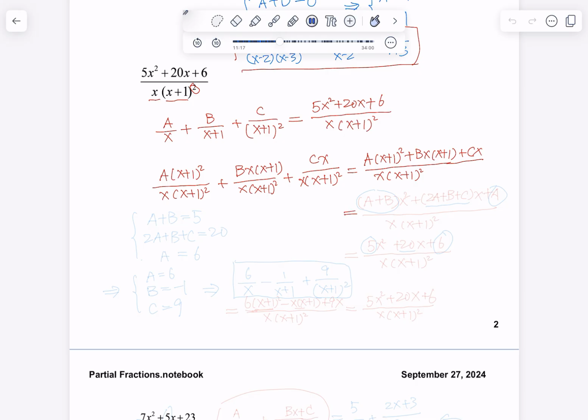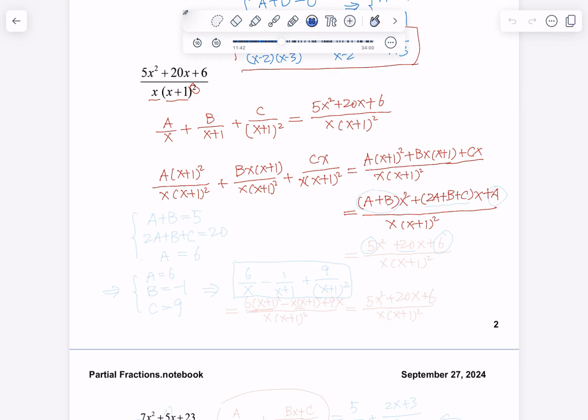This equals, after some simplification, a plus b times x squared plus 2a plus b plus c times x plus a, divided by x times x plus 1 squared.